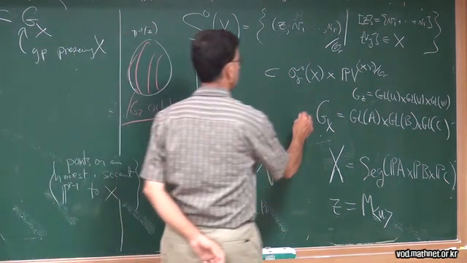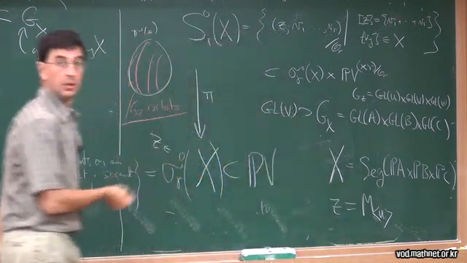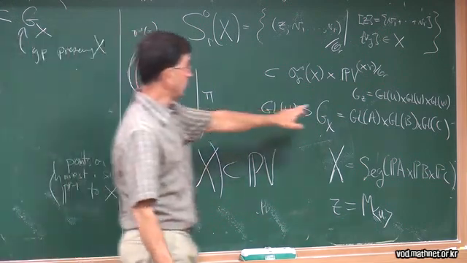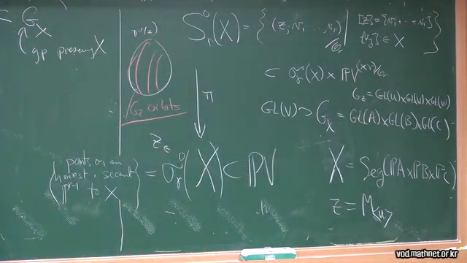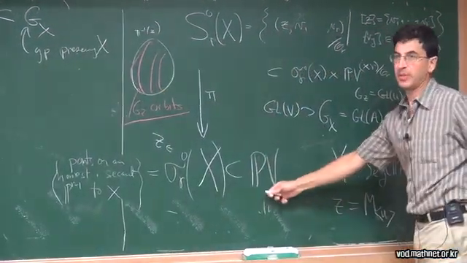So GZ is the group preserving my particular point that I want to decompose. Here it's the group preserving matrix multiplication. So I have two subgroups of the general linear group of my big ambient space involved.